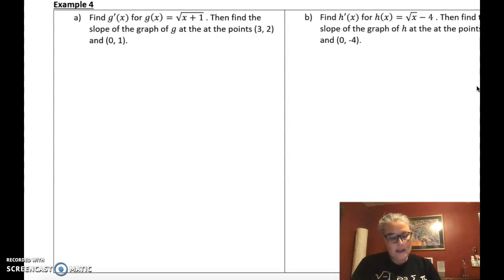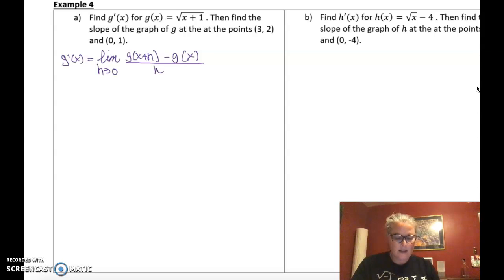So let's get started. I'm going to do g prime of x is equal to the limit as h approaches 0, and I think I'm going to use h this time just so you've seen the variation, instead of delta x. And I'm going to find g of x plus h minus g of x, over h.